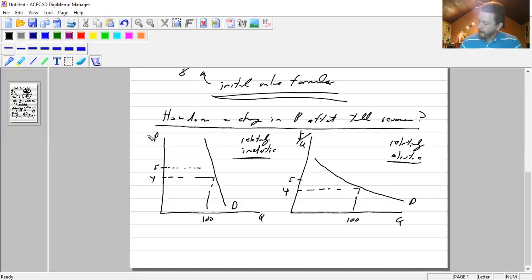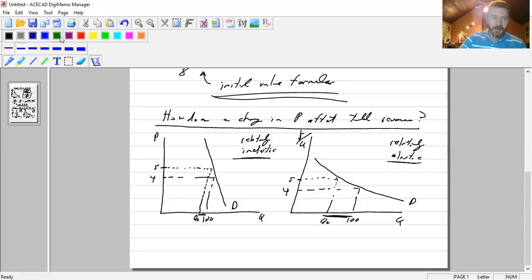Over here, the quantity demanded falls to Q2, and over here, quantity demanded falls to Q2. It doesn't matter what that new quantity is. So think about this.